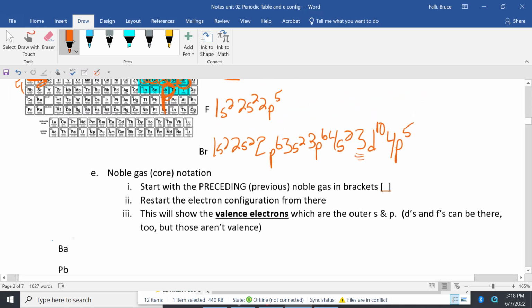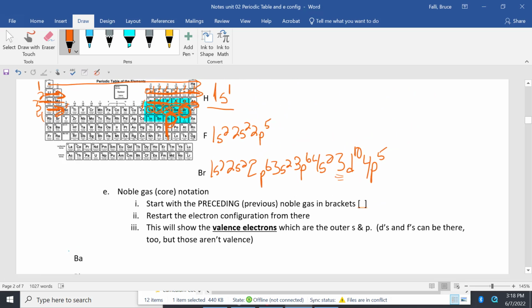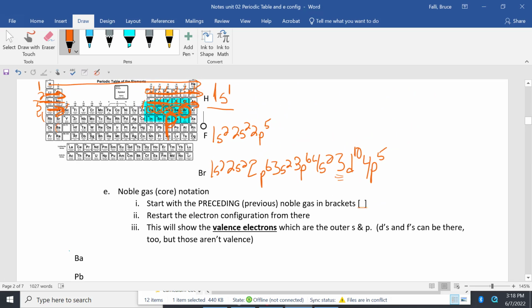All right, barium. I see you, barium, right here. So the preceding noble gas is this column right here. So the preceding noble gas for barium is xenon.